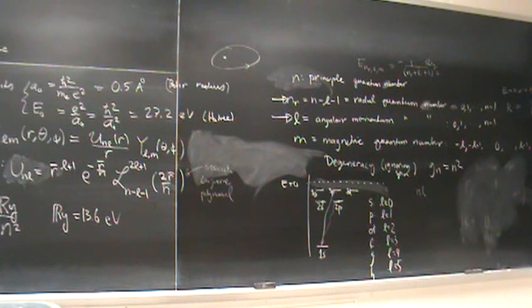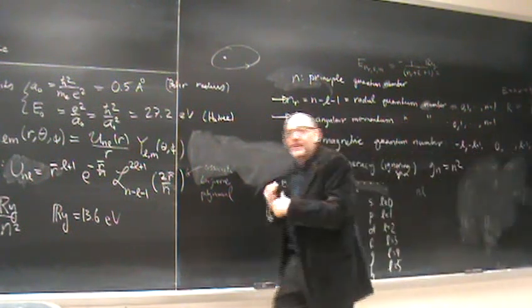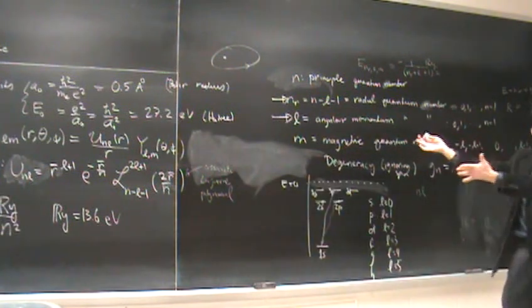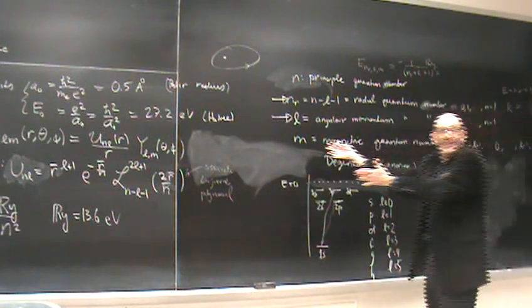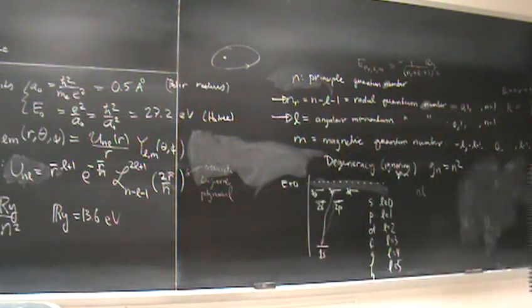The harmonic oscillator in 1, 2, 3 directions. We could solve the hydrogen atom non-relativistically in the Schrödinger equation.